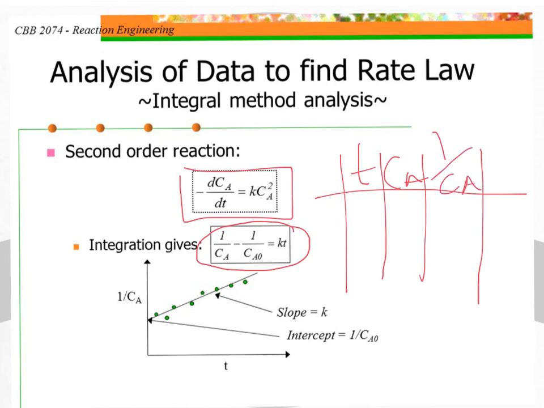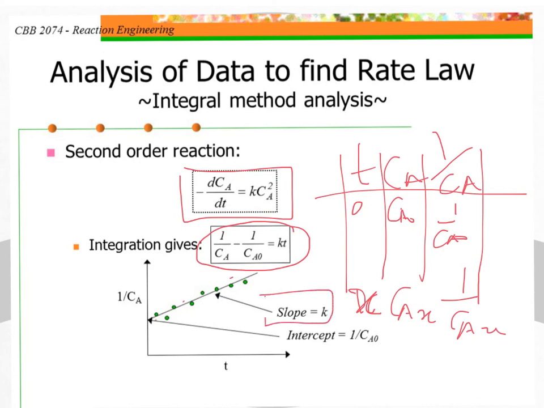Calculate at T equals 0, CA equals CA naught, so you should get 1 over CA naught. At T equals 10 or T equals X, you have your CAX, and then 1 over CAX. You plot the table again, and if you get a straight line, then this is your slope k, and you can say straight away this is a second order reaction.